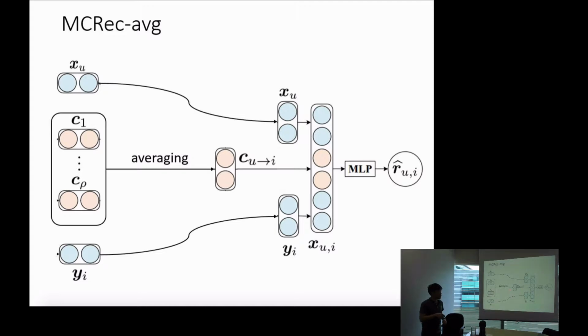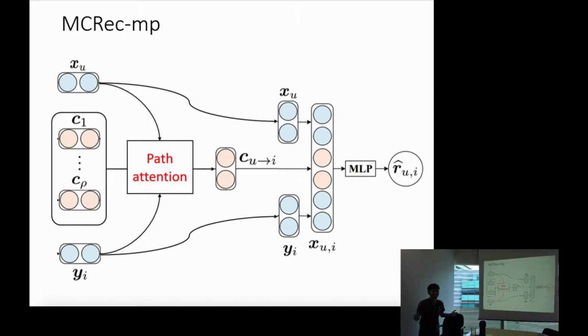So averaging is one approach. So what is better than averaging? Attention. They call it path attention. The basic idea is that if we do averaging, we just put the same weight on all of them. Is it better than averaging?